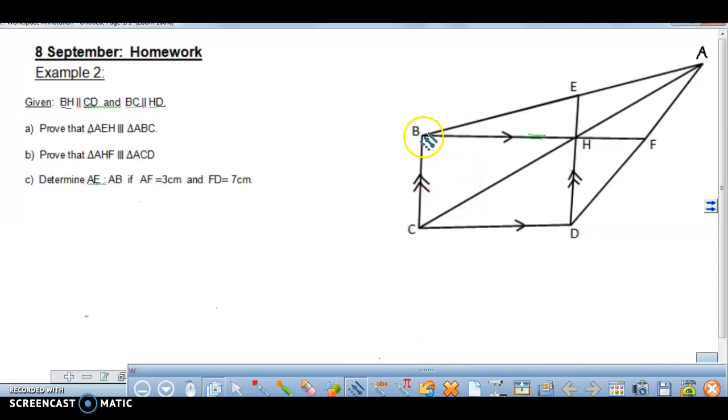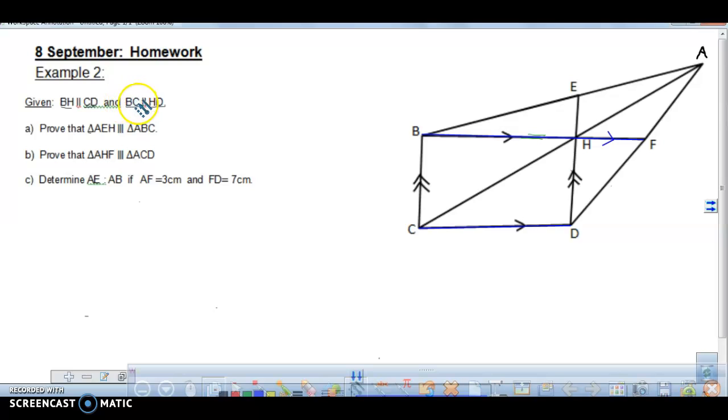So BH is the line that goes from B to H. And because it's extended, it's a straight line, it goes to F. So that will also include this part of the line. So this is parallel. So put your arrow on that if the line is divided. And that is parallel to CD, which means I have this line here at the bottom. There I have one pair of parallel lines.